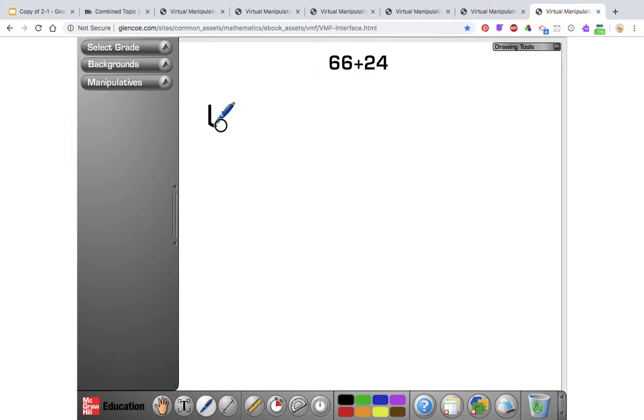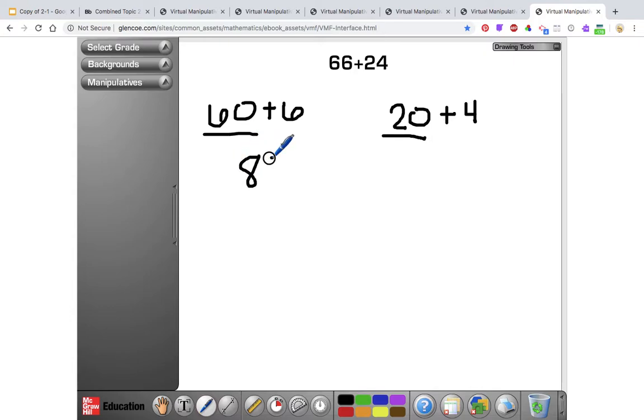So 66 becomes 60 plus 6, and 24 becomes 20 plus 4. 60 and 20 is 80. 6 plus 4 is 10. 80 plus 10 is 90.